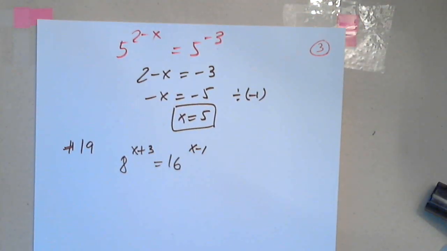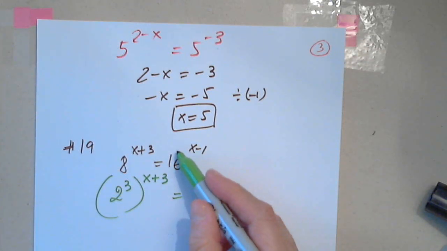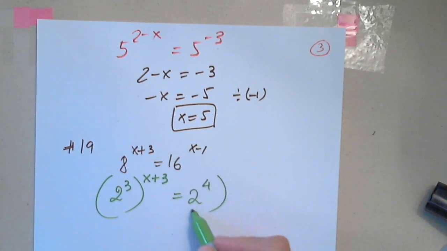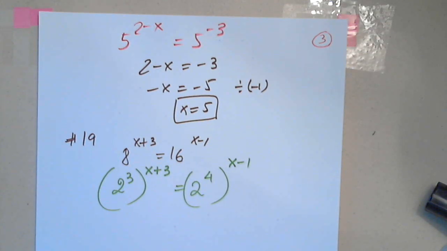So the answer is yes, because 8 can be changed into 2 to the third, and of course everything raised to x plus 3. And 16 has to be changed into 2 to the fourth, of course raised to x minus 1. So I was able to present both sides with the same base.